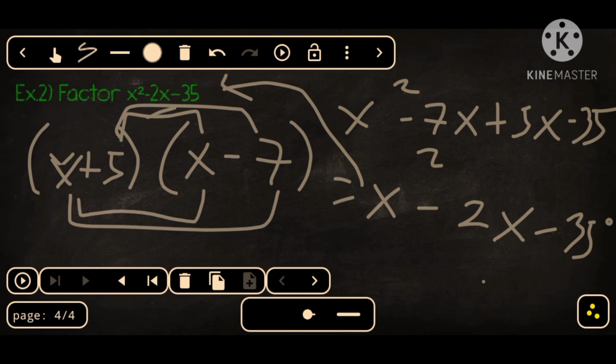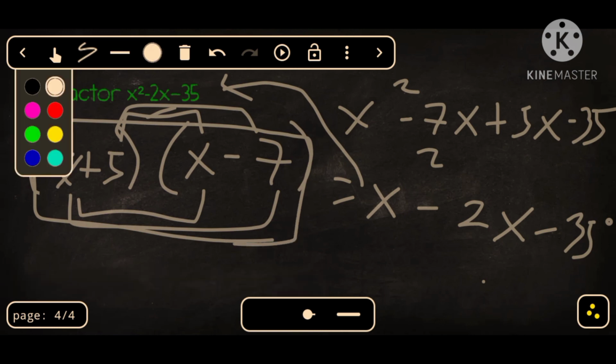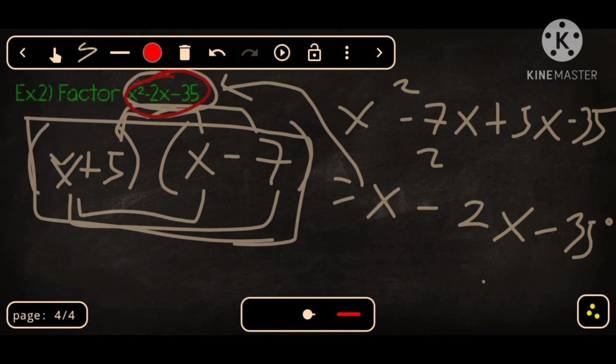So we got the right answer. So therefore, the factors for x squared minus 2x minus 35 are x plus 5 times x minus 7. Okay, so that's it for quadratic trinomial.